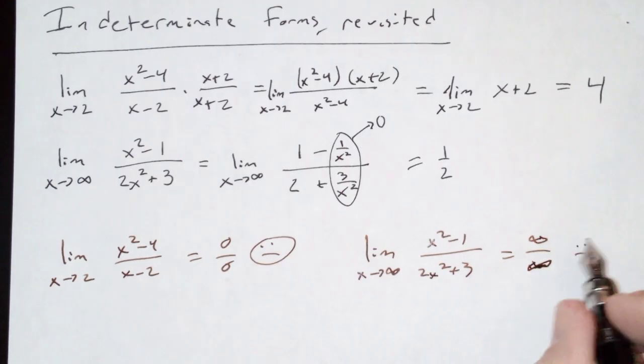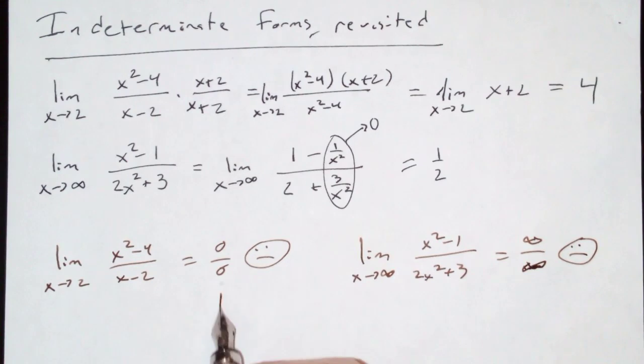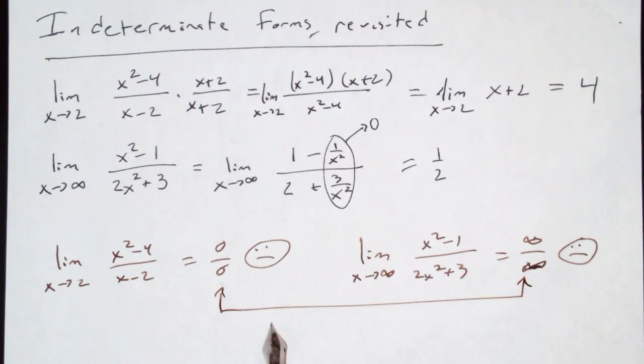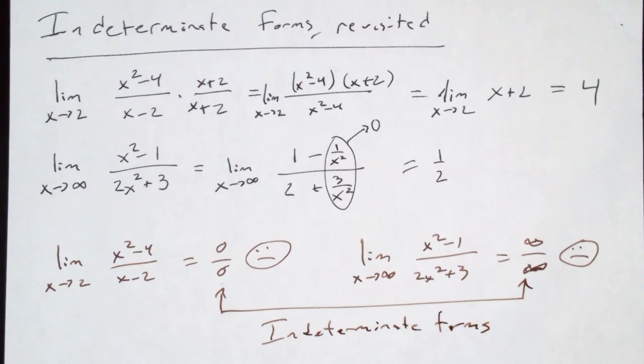And again, I don't know what that means. Fortunately for us, we were able to do some algebraic tricks and resolve an indeterminate into a value. I like that. Problem is the algebra.